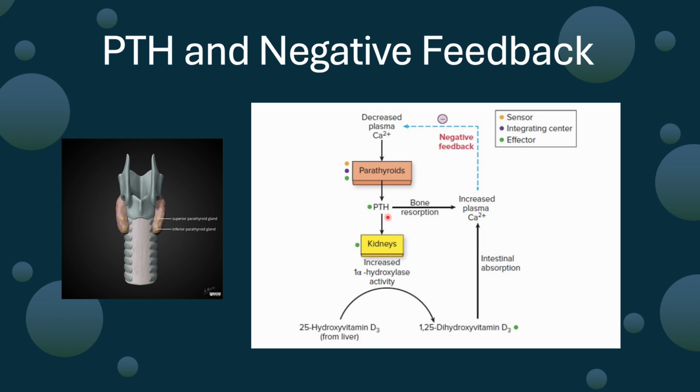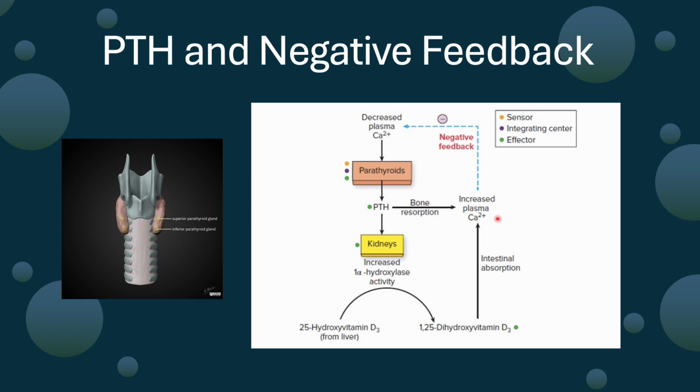So parathyroid hormone is going to increase bone resorption or bone breakdown, and it's also going to increase conversion of the inactive vitamin D into the active vitamin D. So when we have more active vitamin D in the body, it's going to increase blood calcium levels through intestinal absorption. It's also going to help regulate, remember, the 3 primary tissues: bone mineralization, calcium retention, and intestinal absorption.